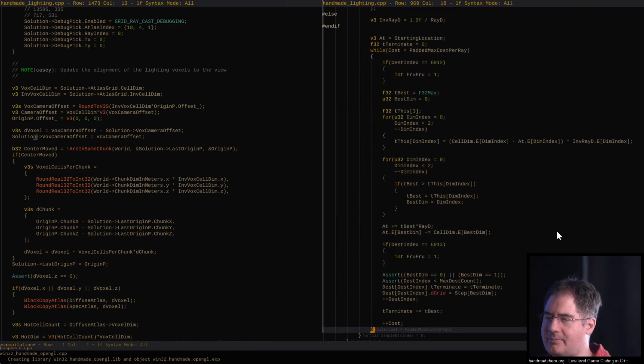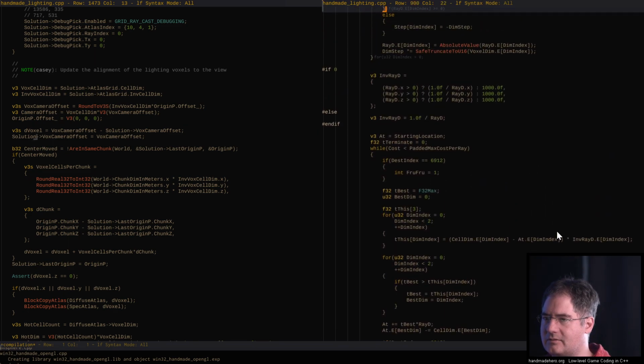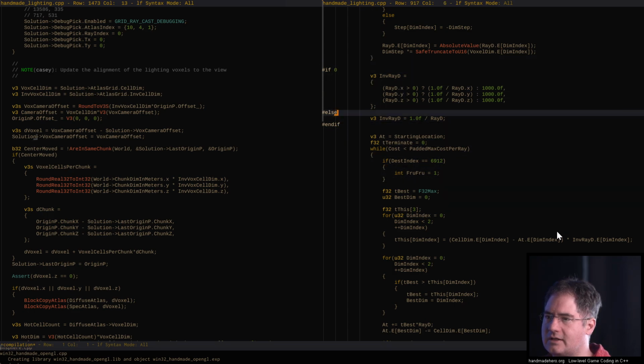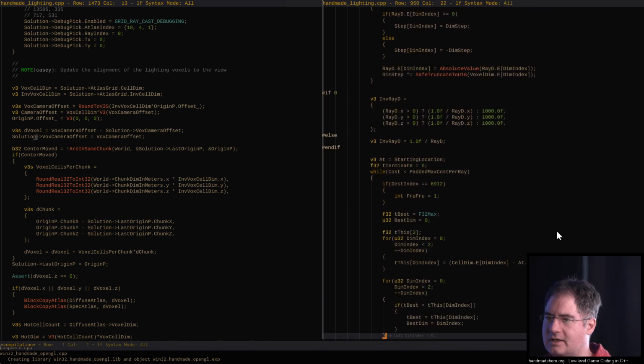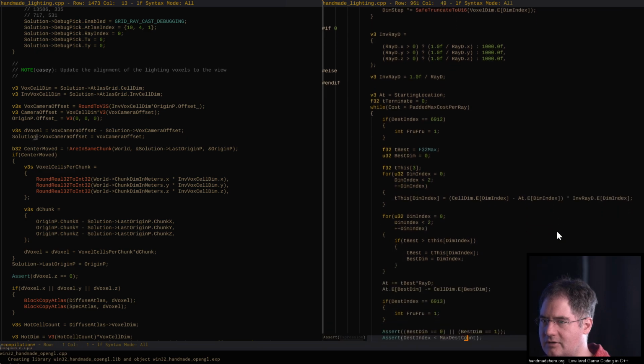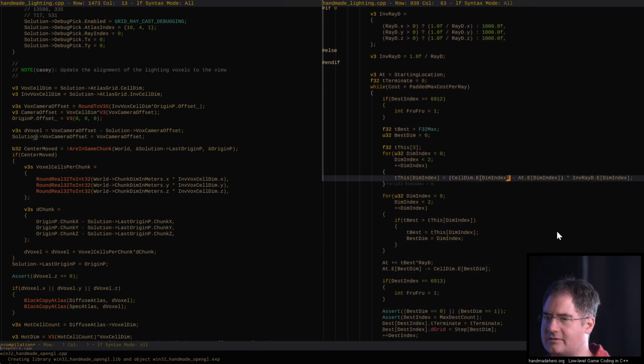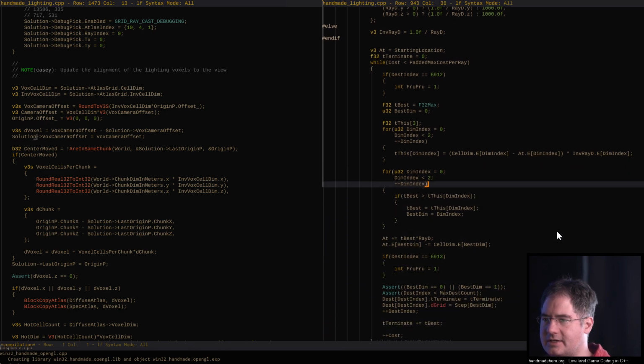So if we look at what happens for the cell stepping, what we're computing here, right, is we have the inverse ray direction, and we just are stepping. We go into this loop here, and all we're doing is we just multiply by that inverse, and then we update. And it seems like that should be pretty straightforward to do.